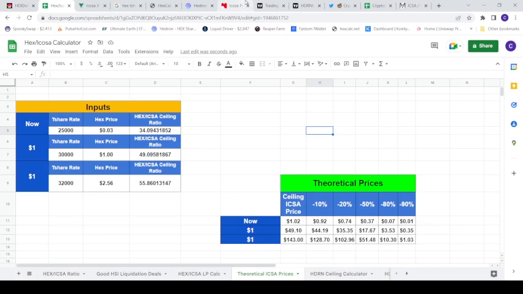You can utilize Icosa to increase your t-shares, or at least maintain your t-shares as well. So I really like this calculator just for Moonmath and to see potentially where the price could go.